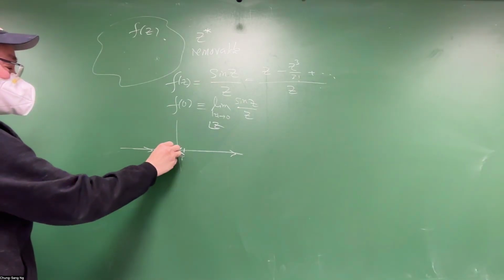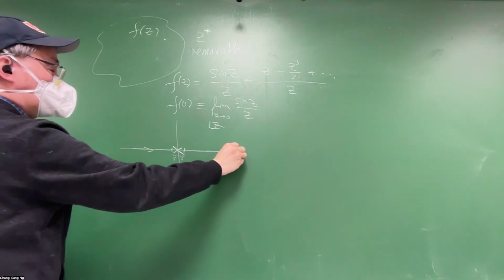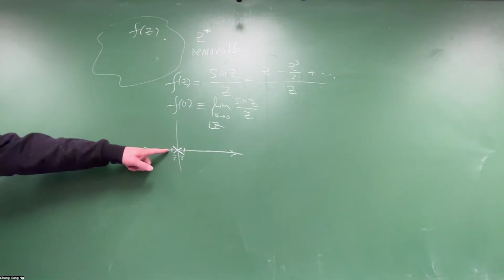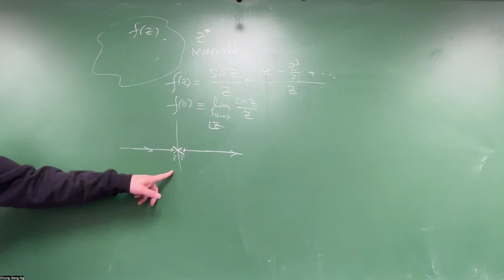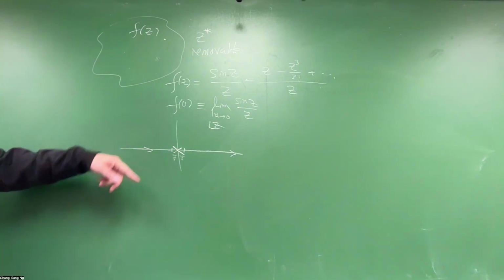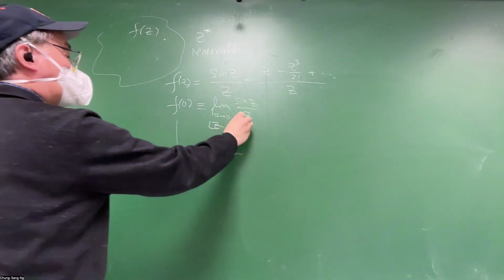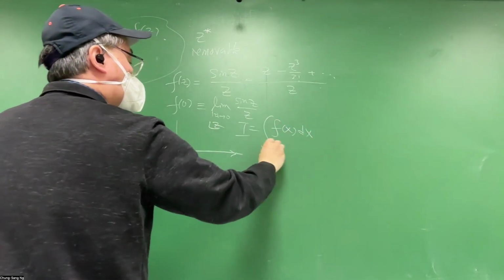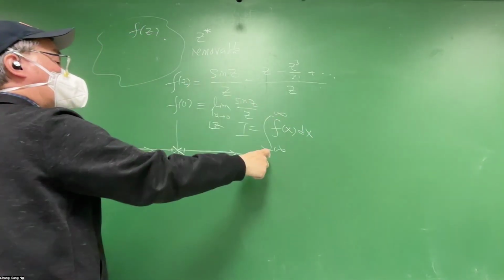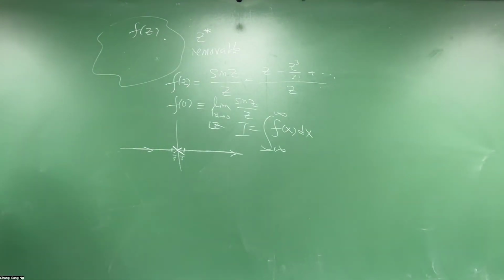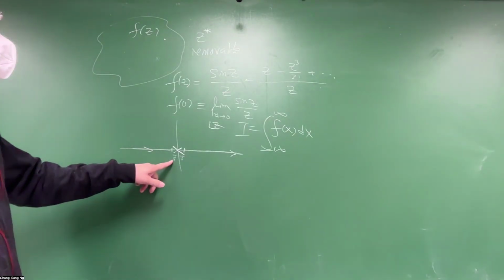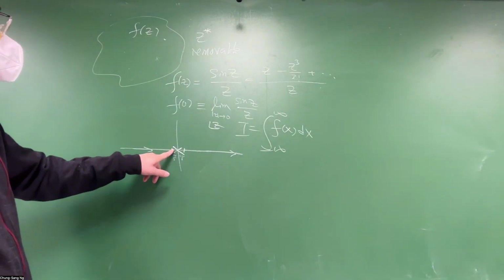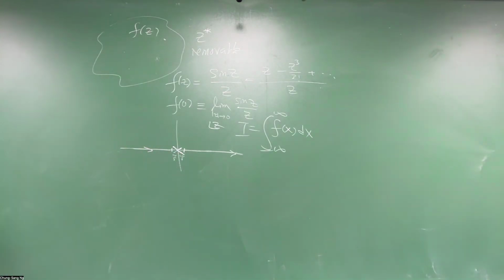The integration will skip this point, as long as delta goes to zero, because it's a regular point. You skip one point, it doesn't change the integral. I'm talking about an integral like sin x over x dx. You can skip that, and this is called the principal value.